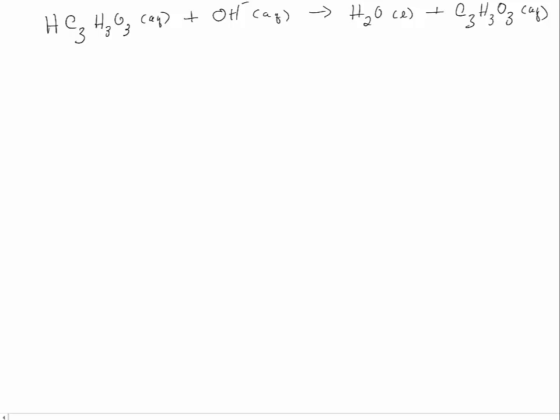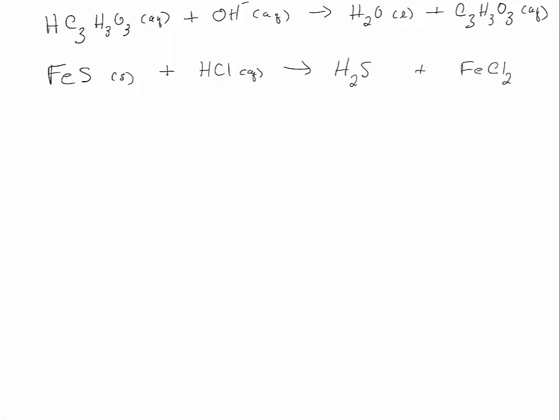Let's use something like iron 2 sulfide as our insoluble compound. Let's say that we react that with some hydrochloric acid. Well, looking at what we think would form, the hydrogen would replace the iron, meaning that the product would be iron 2 chloride and H2S.